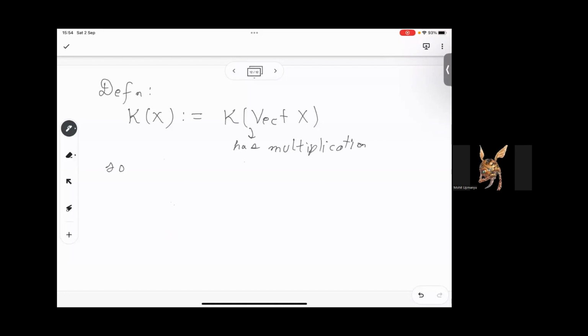As this has multiplication, so does K(X), and therefore K(X) is a commutative ring.